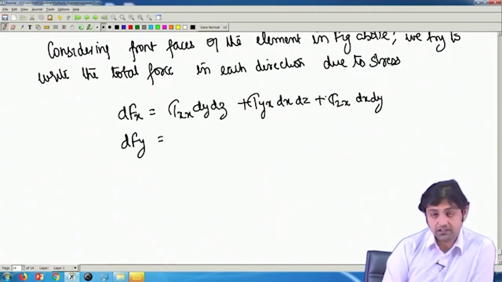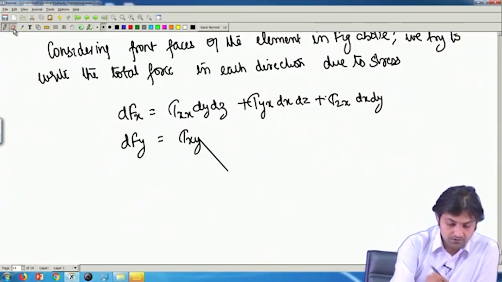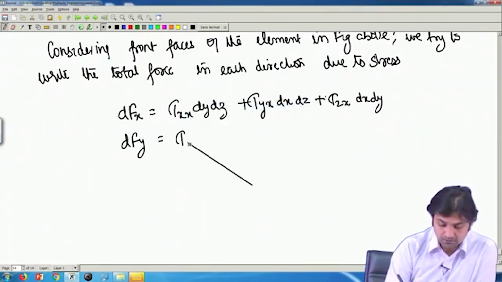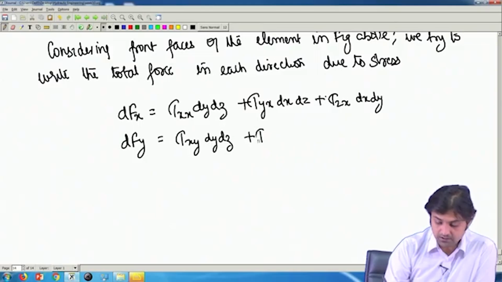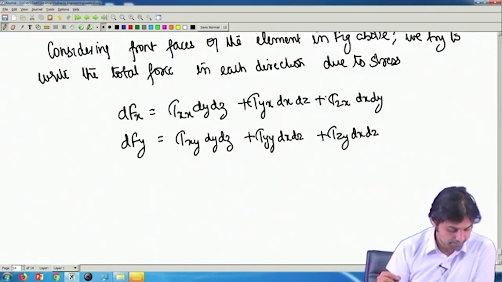So similarly, in y direction we write down the sum: tau xy into dy dz plus tau yy dx dz plus tau zy into dx dy.